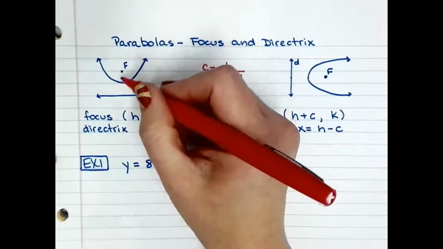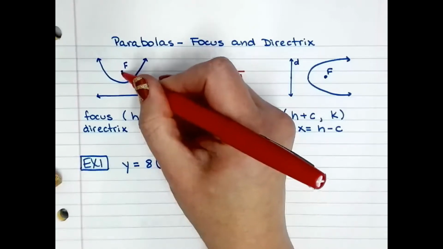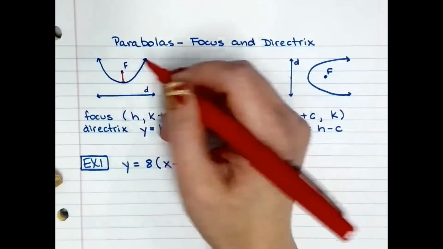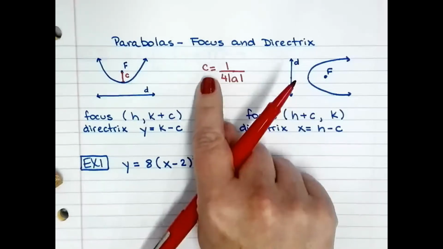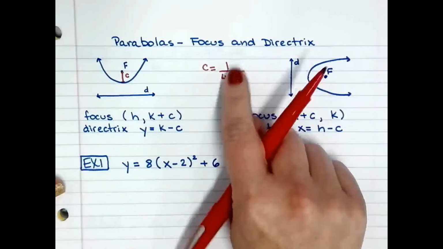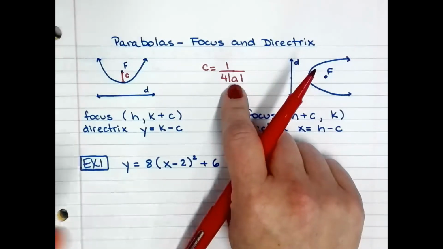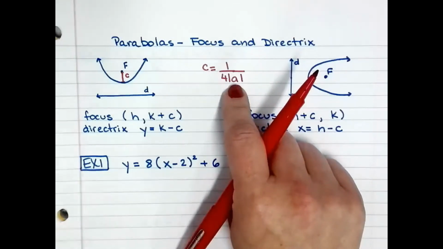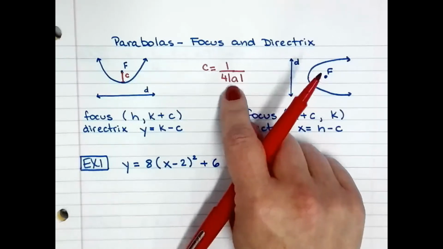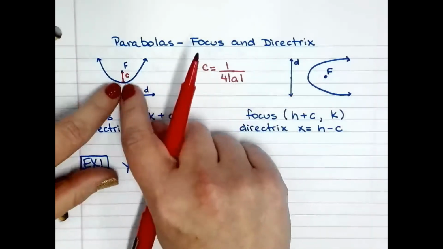And there's this one thing. The distance from the focus to the vertex, we're going to call C. And C is always going to be 1 over 4 times the absolute value of A. Don't worry, we're going to have tons of examples over this. Absolute value of A because we're talking about distance.